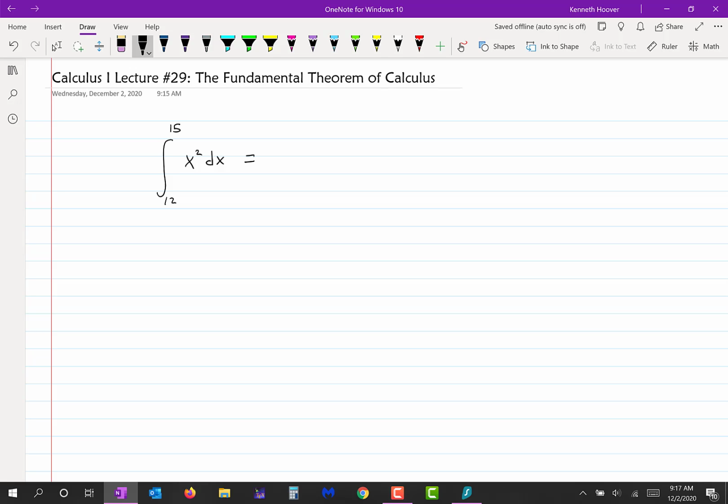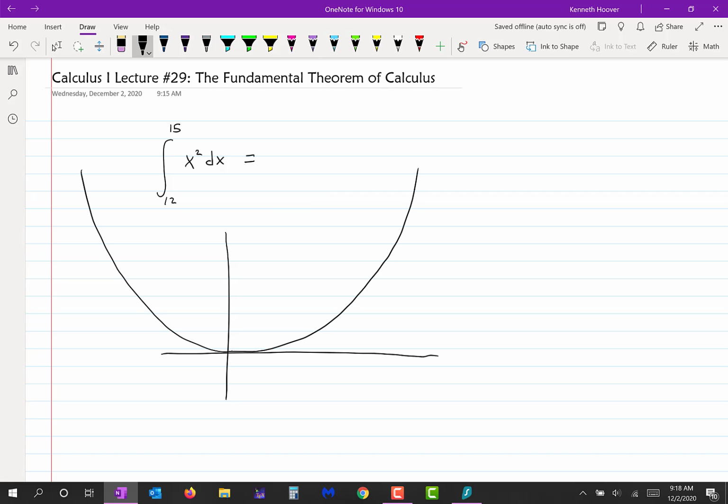If you go by the previous lecture about Riemann sums, then you would know that what's happening here is you look at the graph of x squared from 12 to 15, and you do those Riemann sums in here.